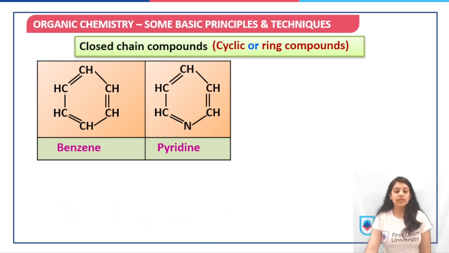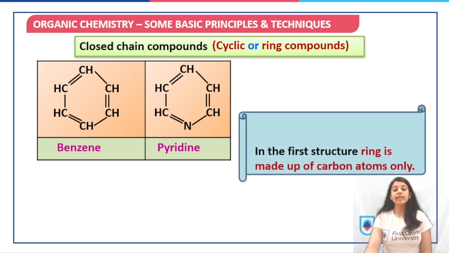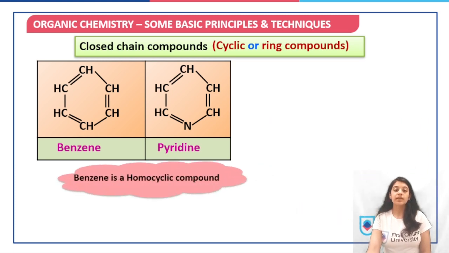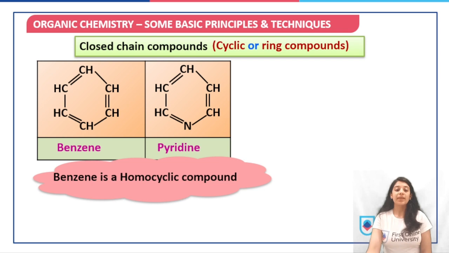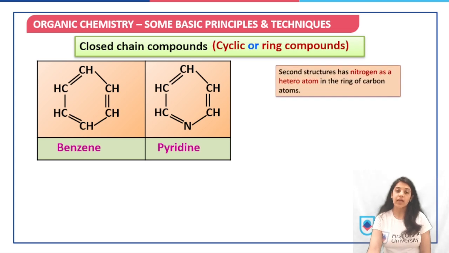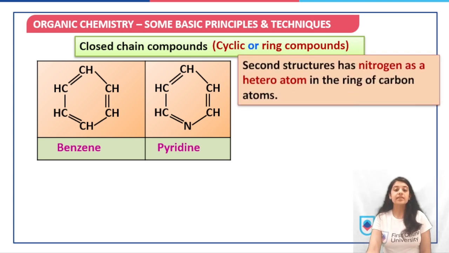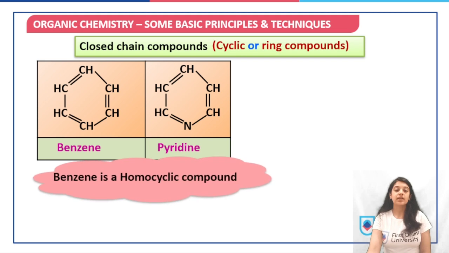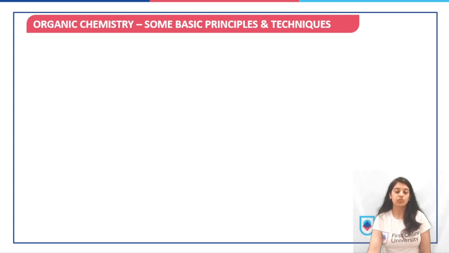So if we look at this carefully, we will see that in the first structure, the ring is made up of all the carbon atoms. Benzene is a homocyclic compound, but in the second structure, if you see, there is a nitrogen that is present in the ring, and therefore it is a heteroatom and it is a heterocyclic compound.